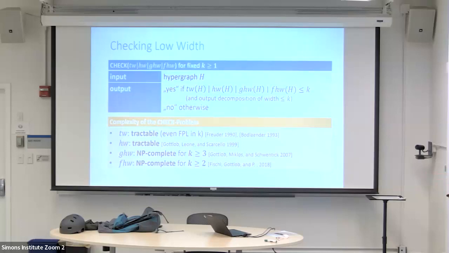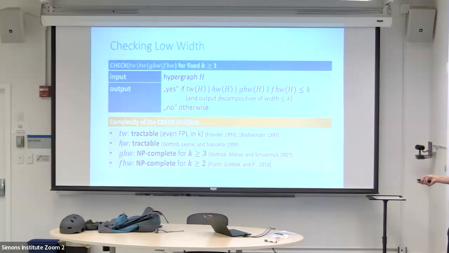For generalized hypertree width, this was an open problem for quite a while, and then Gottlob, Miklós, and Schwentick got the PODS Best Paper Award 2007 by showing, among other results, that this problem is NP-complete even if we fix the k at 3.